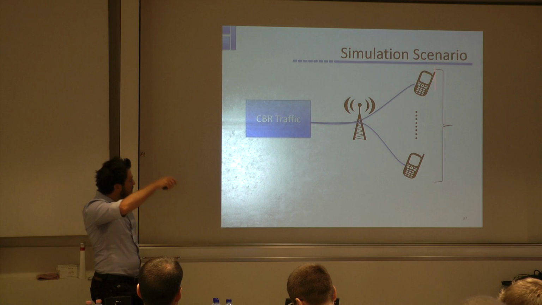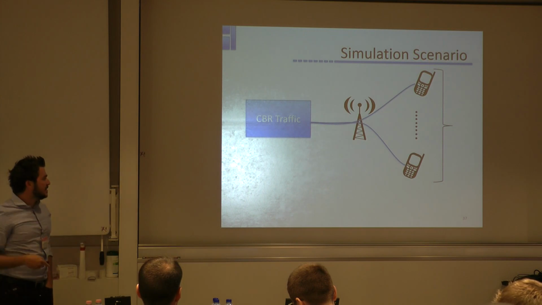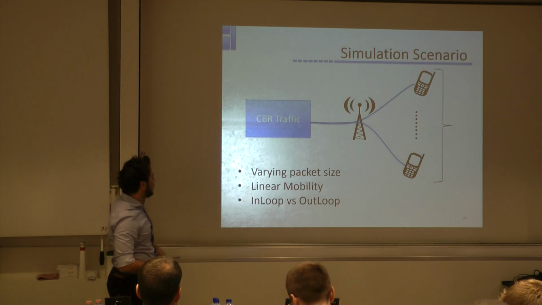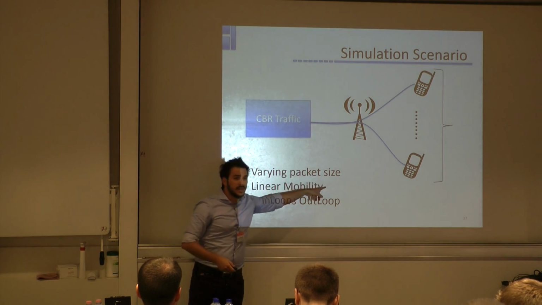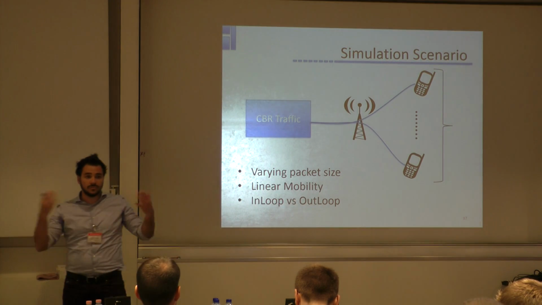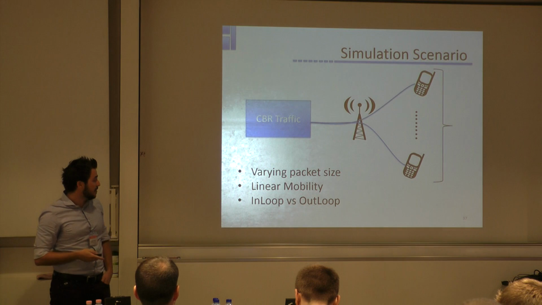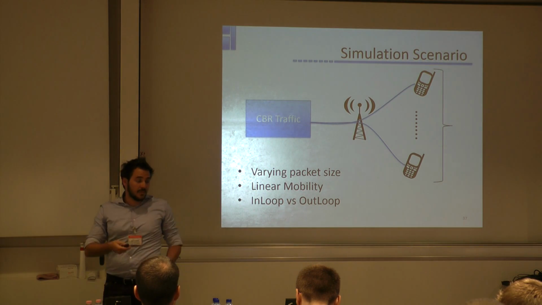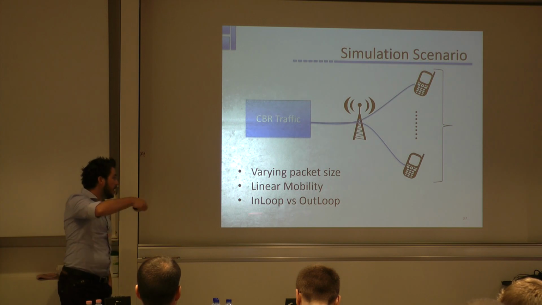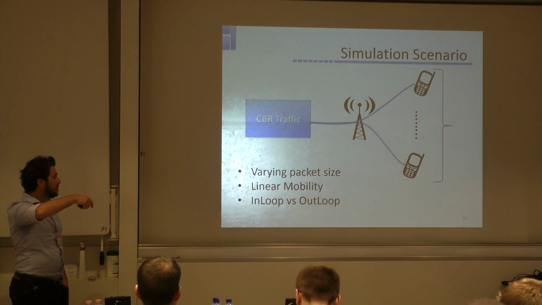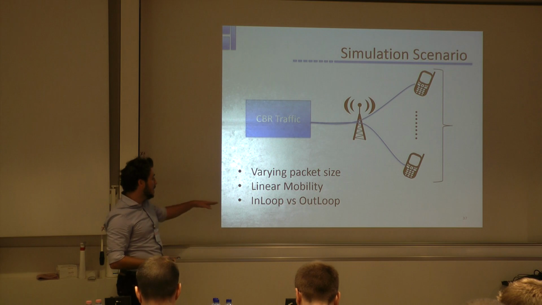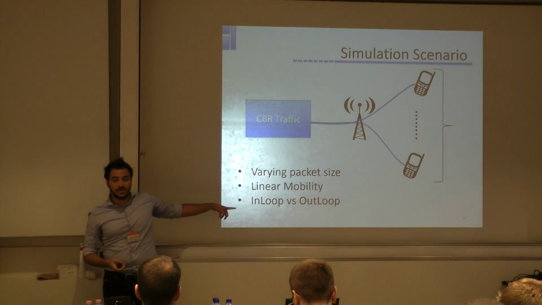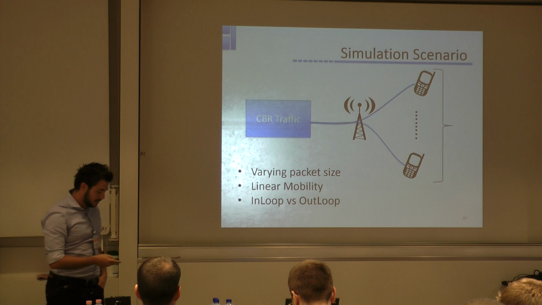We configured that with, I think, in this case, 10 users, and we tried that with varying packet sizes, in order to take a look at how the system load was varying. For example, with linear mobility from OMNeT, and with the goal of taking a look at the difference between in-loop optimization and out-of-the-loop optimization.